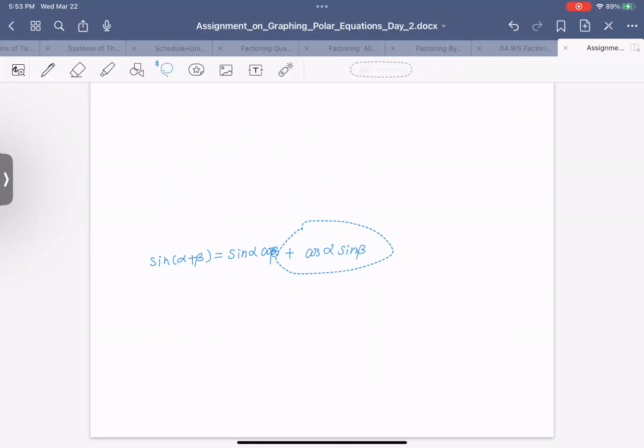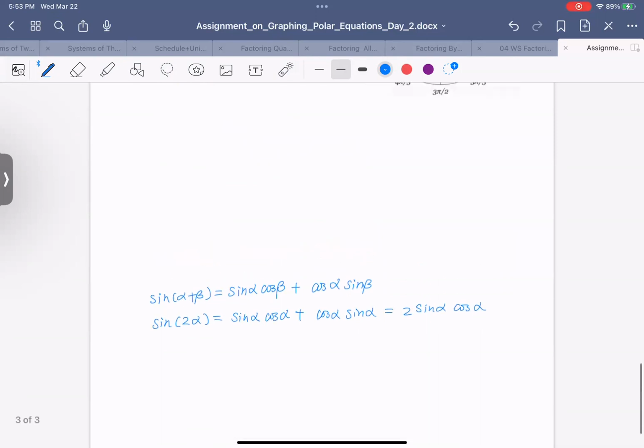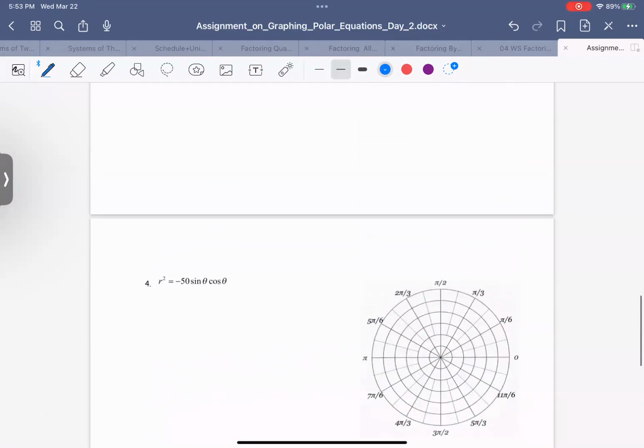It has been a really long time. So if you do alpha equals beta, then this is sine 2 alpha, which is 2 sine alpha times cosine alpha. Make sense? Okay.